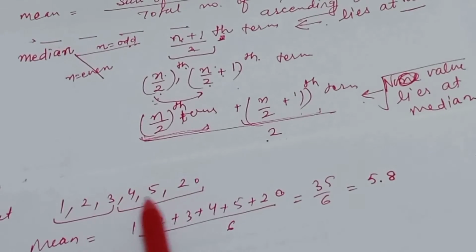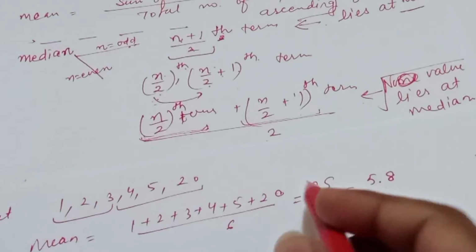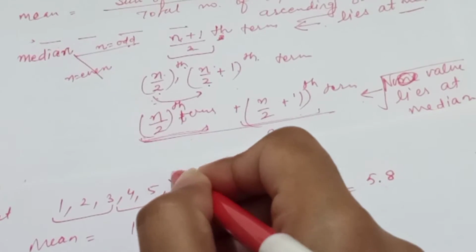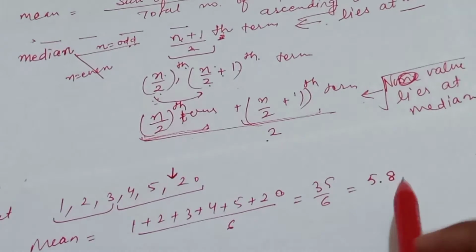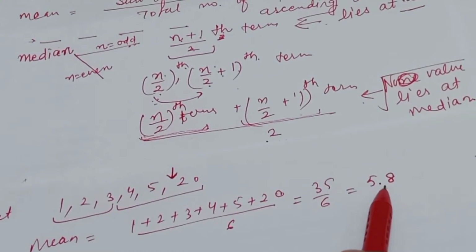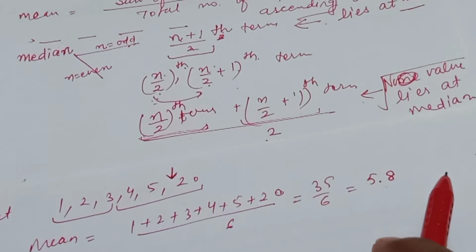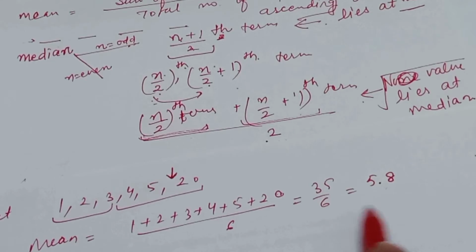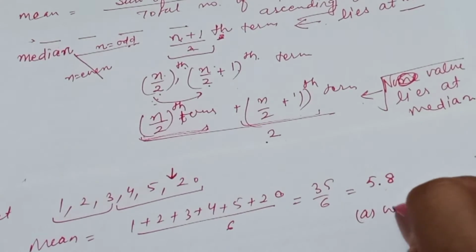From this data we can conclude that the mean lies between 5 and 20. So it does not follow that half of the values are less than the mean and half are more than the mean. This is not true for all cases. This is a contradictory example to option 1. Hence, option A is wrong.